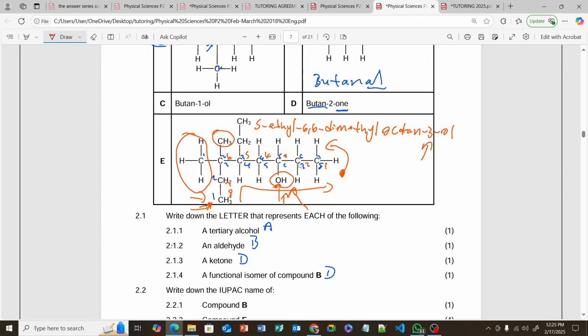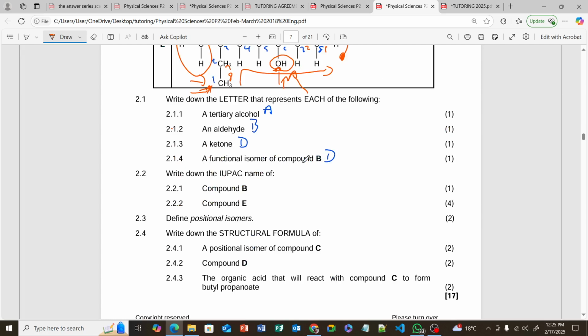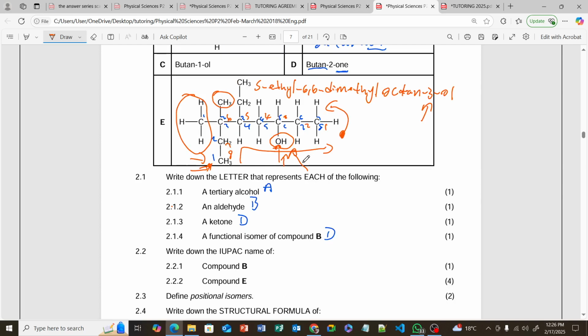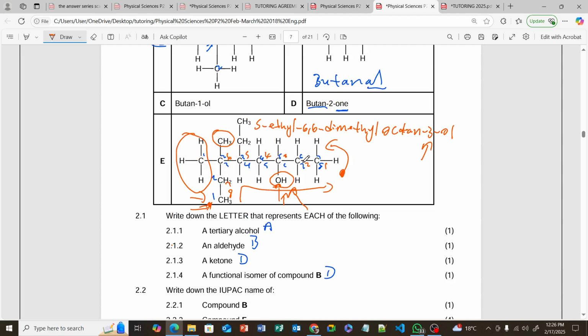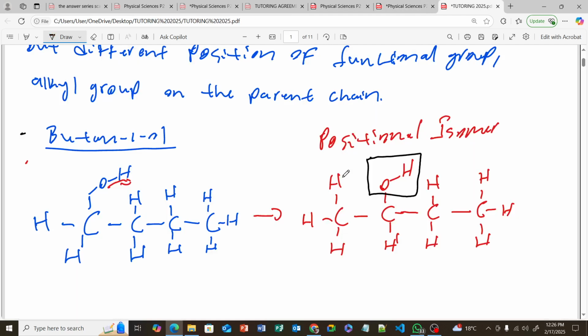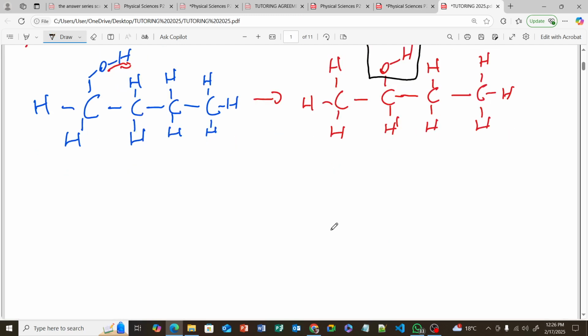Okay. Now write down the structural formula of compound D. So we want the structural formula of compound D. Compound D is butane. At position 2, there's a functional group. So it is what we call a ketone with 4 carbons. 1, 2, 3, 4. It's a ketone, right? Now I want you to look at something.